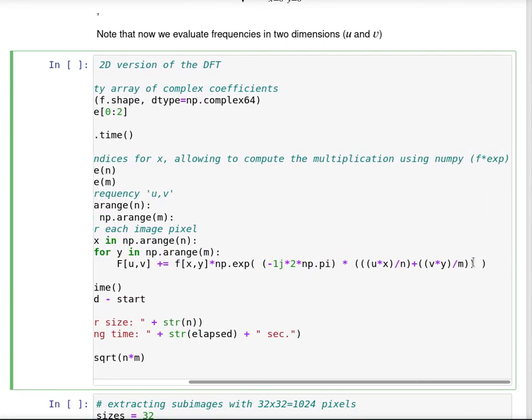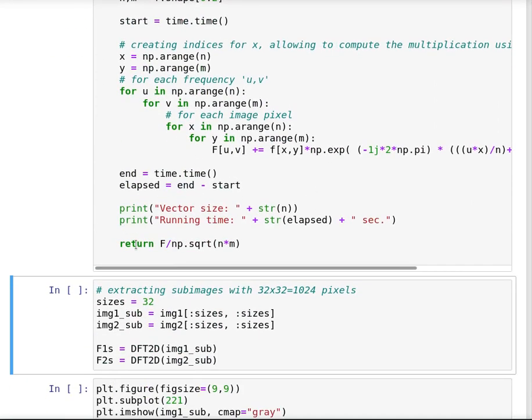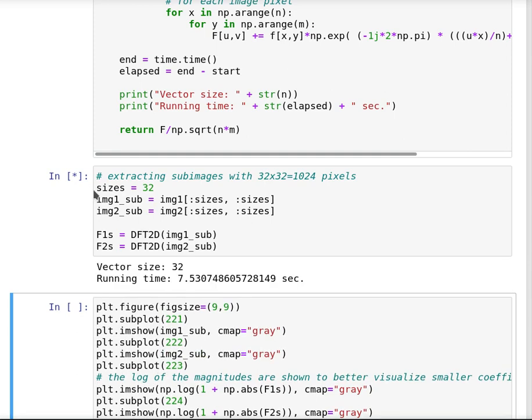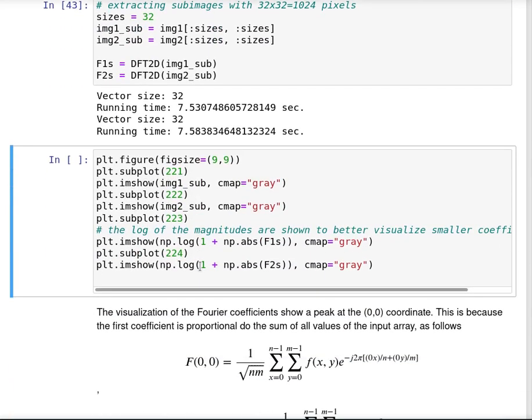It is not that complex, it just involves including a new term for the y direction and a new term for the frequency in the y direction, which is v, and that's it. And I'm going to compute that over an image with 32 by 32 pixels. As you can see here, it takes a while, approximately 7 seconds for each one of those two images.